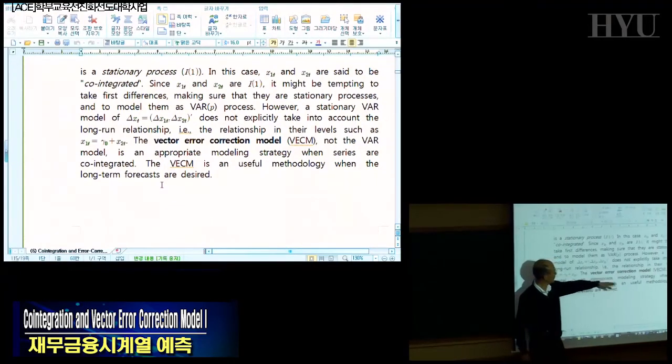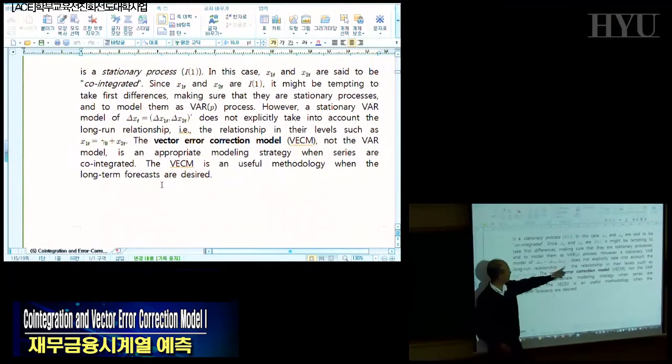So a complicated process could be approximated by introducing a higher lag p, right? But still not enough to show some of the desired properties shown by this model.